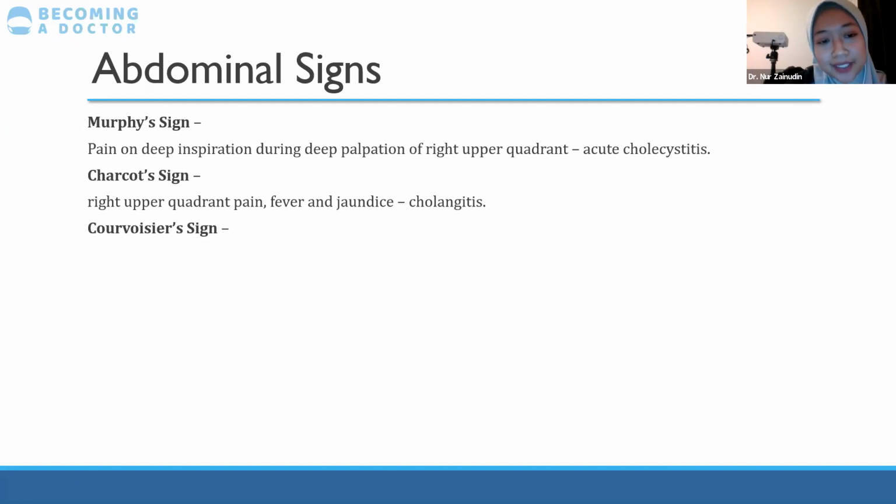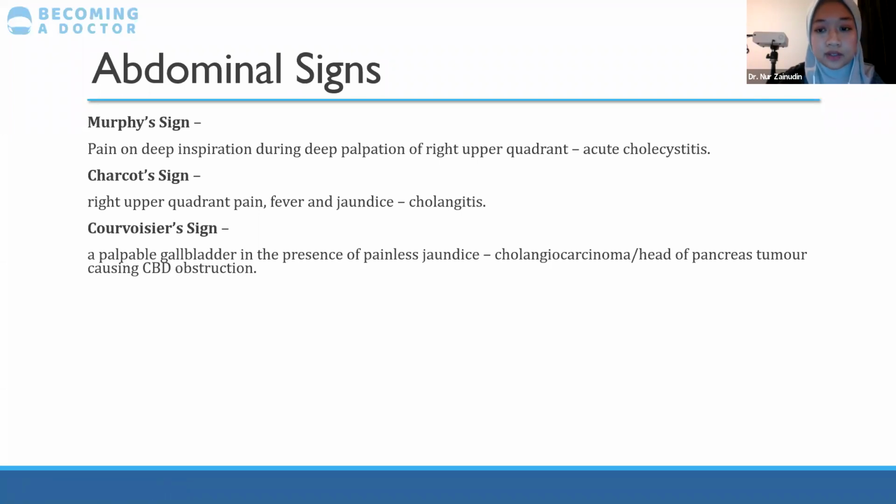Courvoisier sign. Not sure how to pronounce that. So this is in painless jaundice, where you can palpate the gallbladder. In these cases, you would worry about a cholangiocarcinoma or cancer of the head of the pancreas.